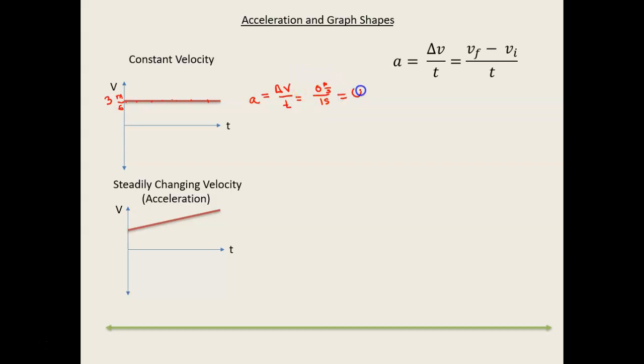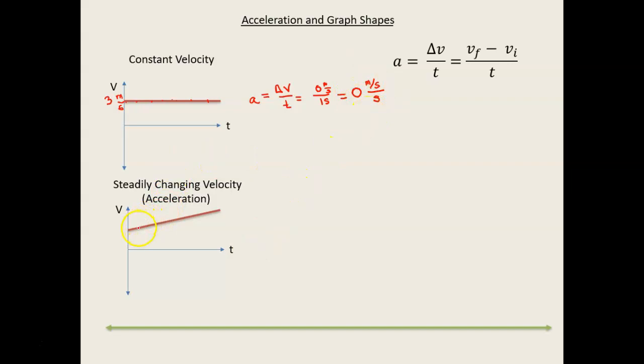And so we would say our acceleration is 0. Okay? And the units of acceleration are just how much the speed changed, meters per second, each second. So how much did my speed change in meters per second each second? And in this case, when we're moving at a constant velocity, our acceleration is going to be 0.